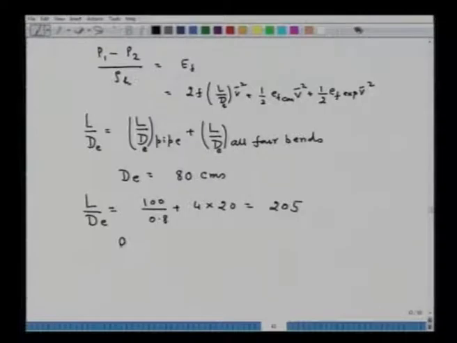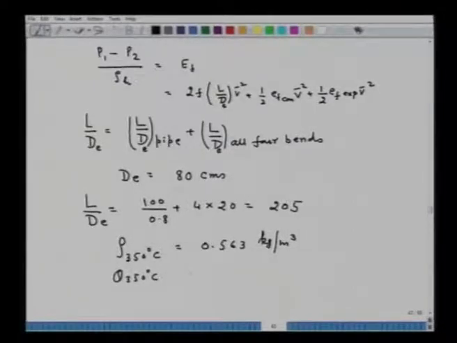Now you have to calculate density at 350 degrees Celsius. I leave on you to calculate the density. I am straight away writing the answer. That will be 0.563 kilogram per meter cube. That is the density at 350. Similarly, we have to express Q at 350 degrees Celsius, because it is given at 27 degrees Celsius.